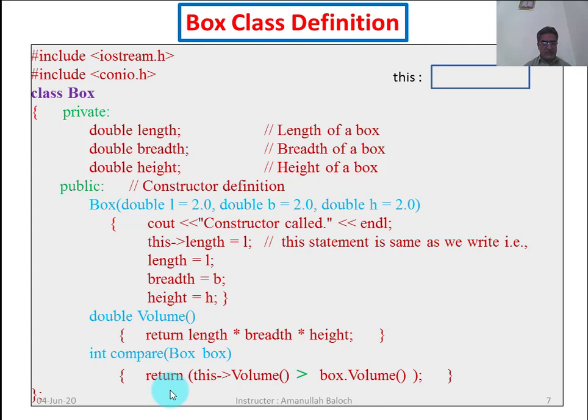If the first box is greater than the second box, then it will return the value 1, and if the first box is less than the second box, then it will return the value 0. So this compare function will return the true or the false value by comparing the volume of the first box and the volume of the second box. We will discuss these functions in detail in the next slides.